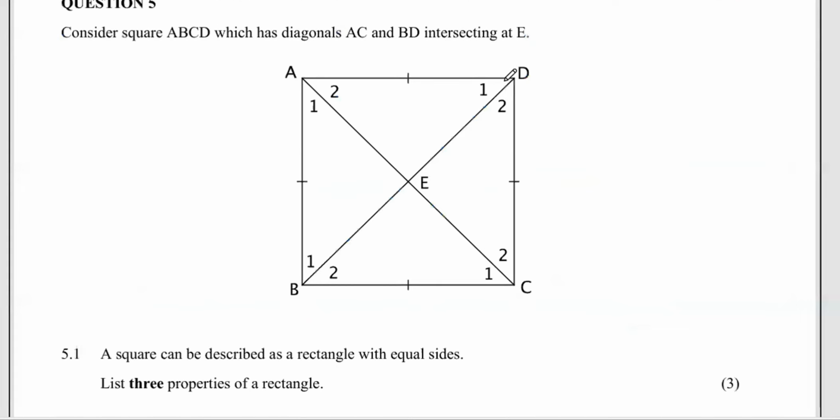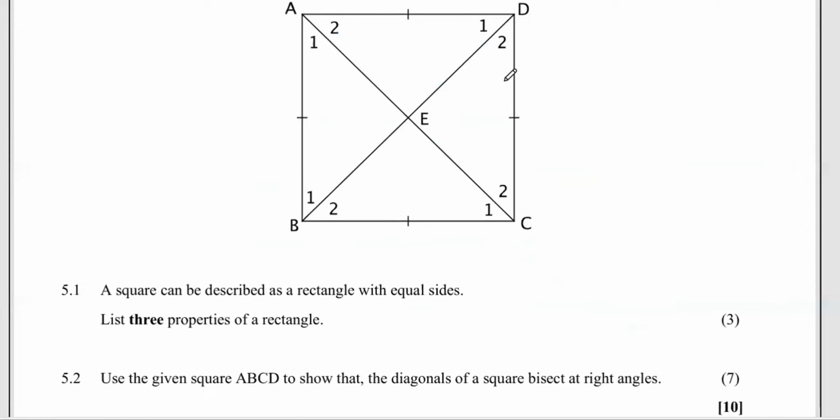Consider the square ABCD with diagonals AC and BD intersecting at E. 5.1. A square can be described as a rectangle with equal sides. Can you list 3 properties of a rectangle? So one thing we know about a rectangle is that 1, the opposite sides are equal.